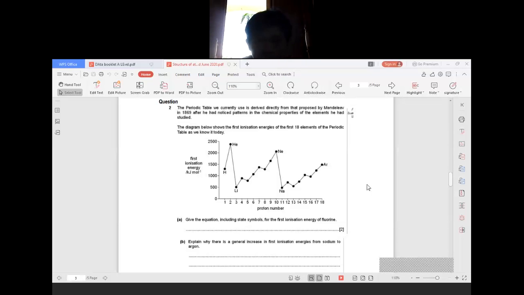The diagram below shows the first ionization energies of the first 18 elements of the periodic table as we know it today. Give the equation.